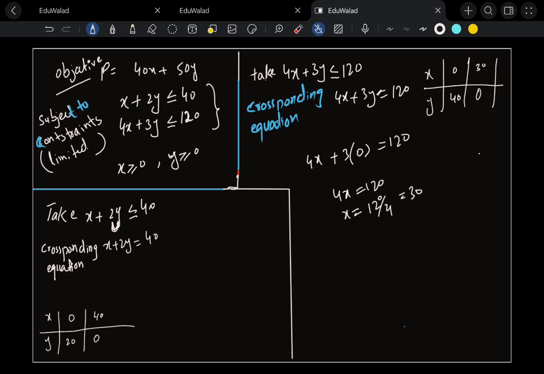So for the first equation we have the points 0, 20 and 40, 0, and here we got 0, 40 and 30, 0.